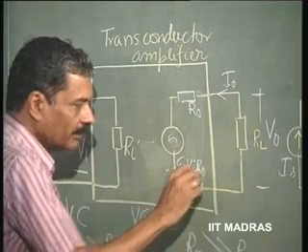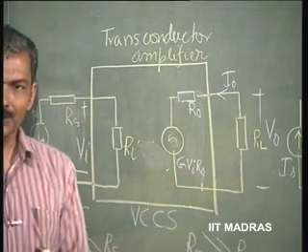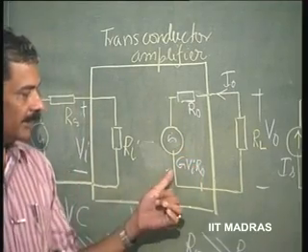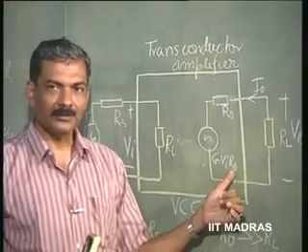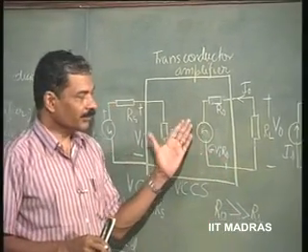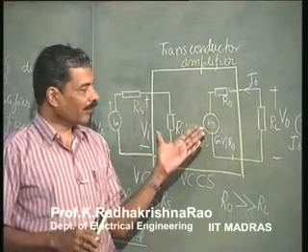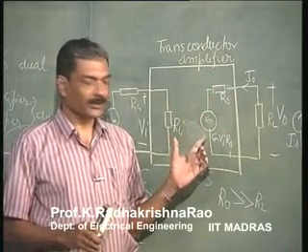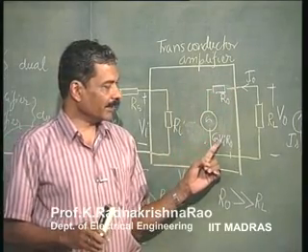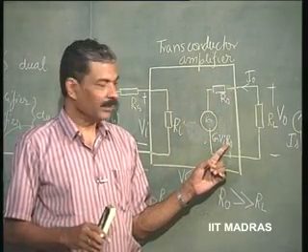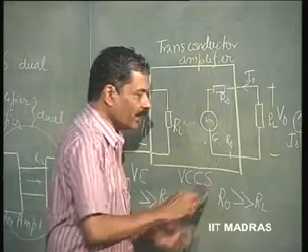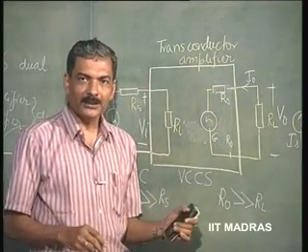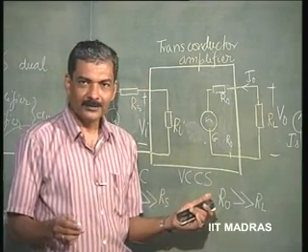It is nothing but what is defined as the open circuit voltage of the source, that is G times Vi times R naught. So, now you see I have represented this as a voltage source with G times Vi times R naught, and you will call this G times R naught as the open circuit voltage gain.